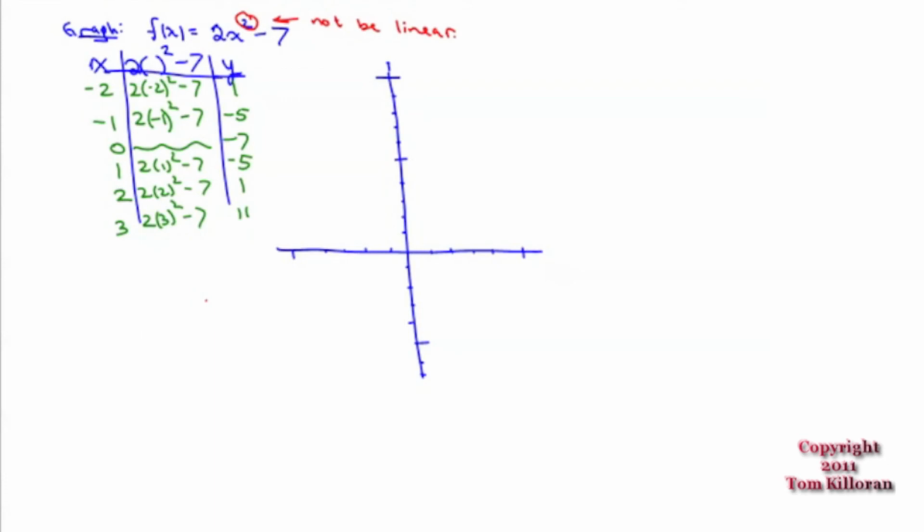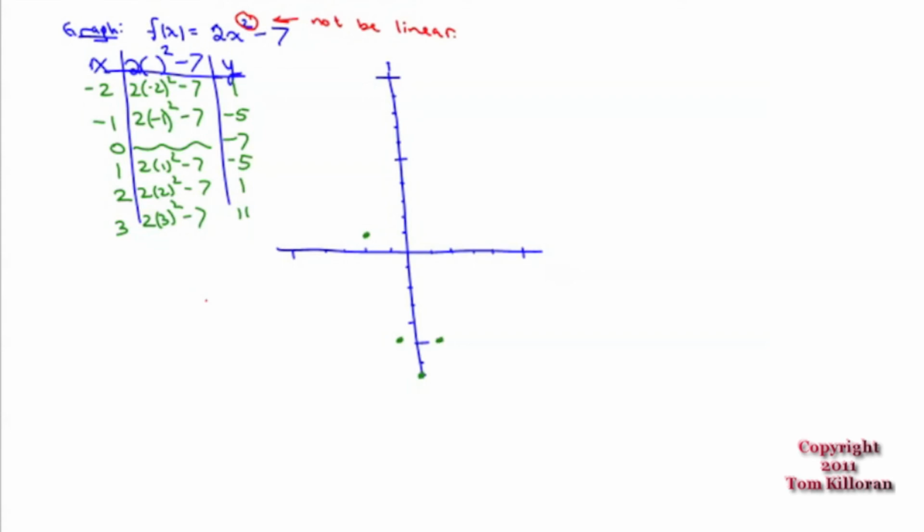So plot -2, 1. Where do you go? Left 2, up 1. And -1, -5. Left 1, down 5. And 0 is -7. Down 7. Just goes straight down 7. And 1, -5. Right 1, down 5.